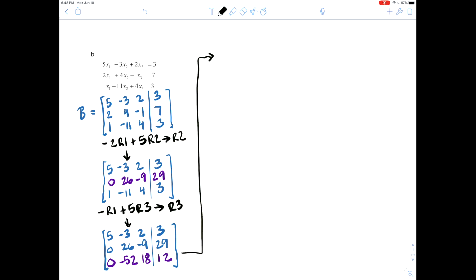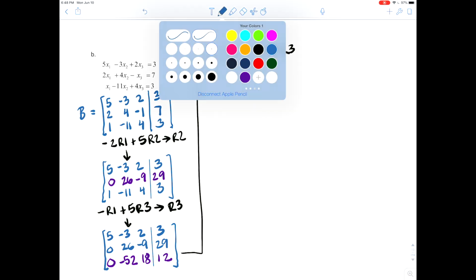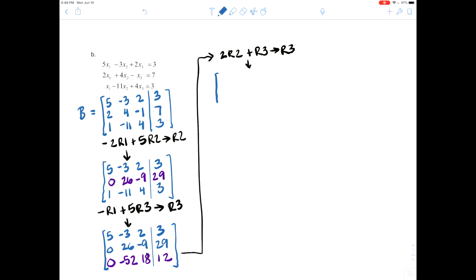So I need to say 2 row 2 plus row 3 for a new row 3. I'm changing just the third row, so I'm going to rewrite the first and second.